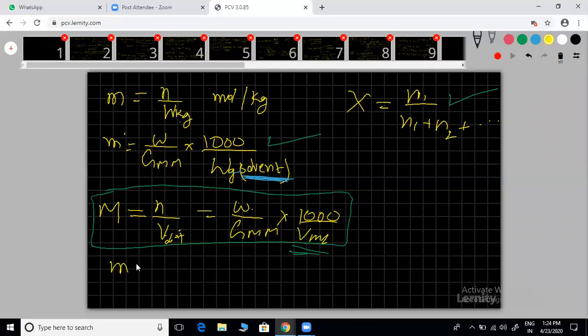Relation between small m and x, x is the mole fraction. You take here xB by xA. B means solute, A means solvent, keep in mind, that is already given. Nothing but nB by nA we will get.